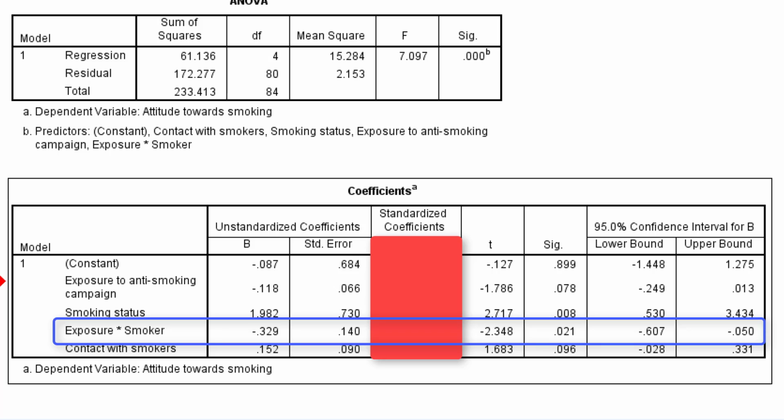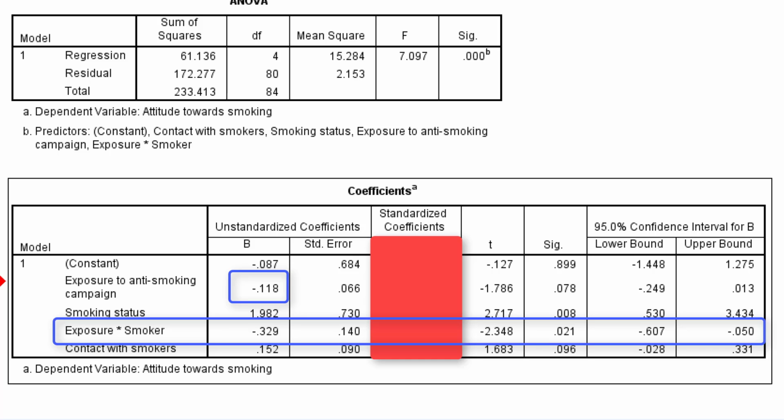And then we get the effect of the interaction variable, exposure by smoker. The unstandardized coefficient is -0.3 here, which is the difference in the slope for smokers with respect to the slope for the reference group, the non-smokers. So the slope for smokers will be -0.3 in addition to the -0.1 for the non-smokers.